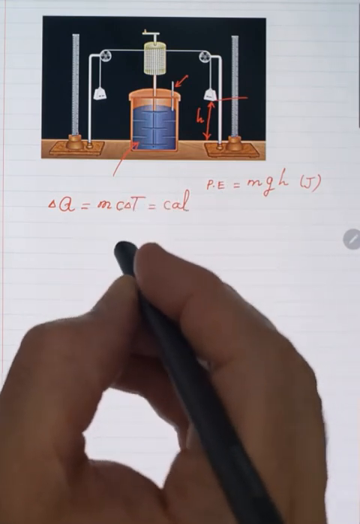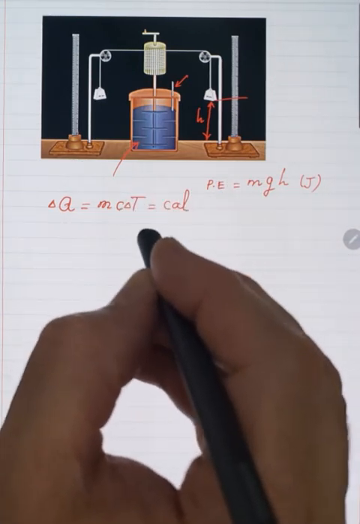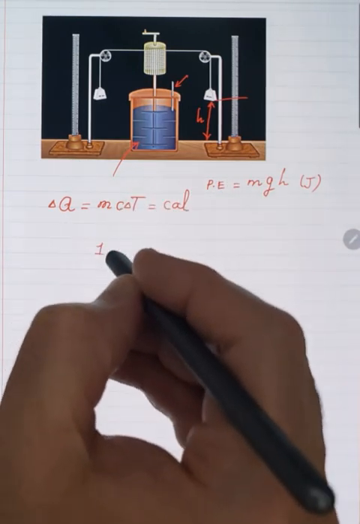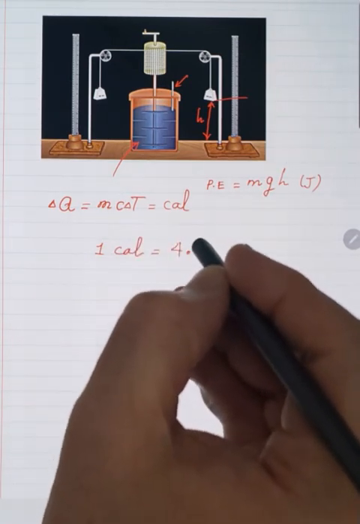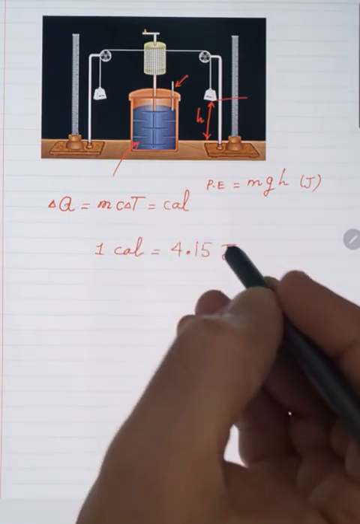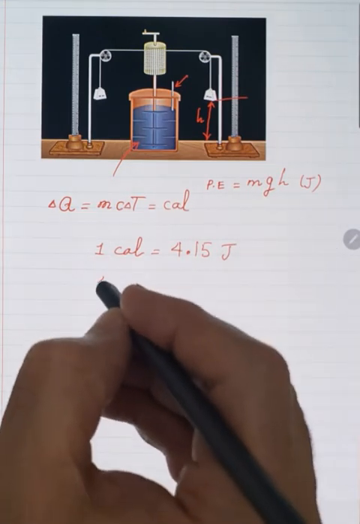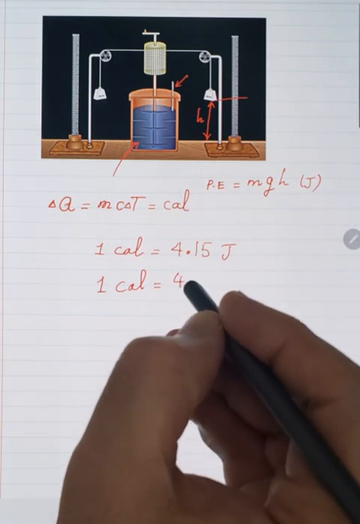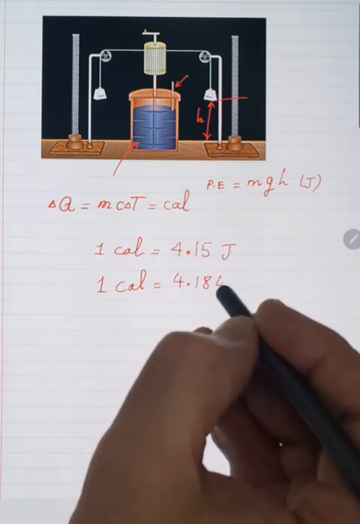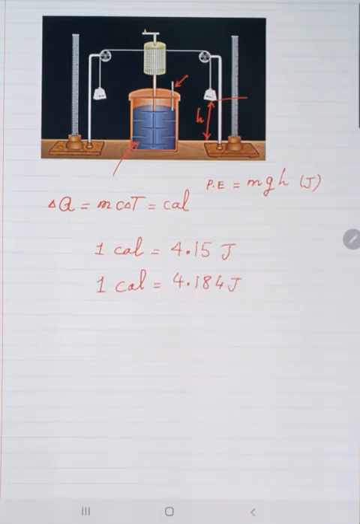The best number Joule got for the relation is 1 calorie equals 4.15 joules. The best number we know right now for the chemical calorie is 4.184 joules.